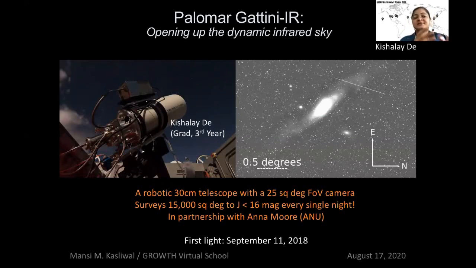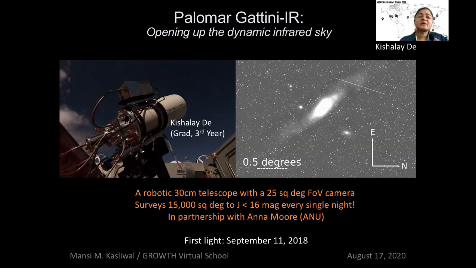Let me give you another example of a telescope just next door to it. This is the Palomar Gattini-IR telescope. The powerhouse behind this is graduate student Kishalay De, and you're going to hear more from him later in the school. What is amazing about Gattini is that it's opening up the dynamic infrared sky for exploration. The camera behind this modest 30 centimeter telescope is a 25 square degree camera.